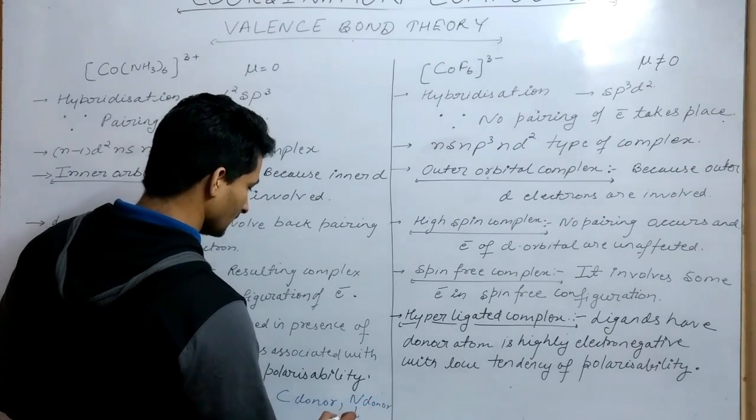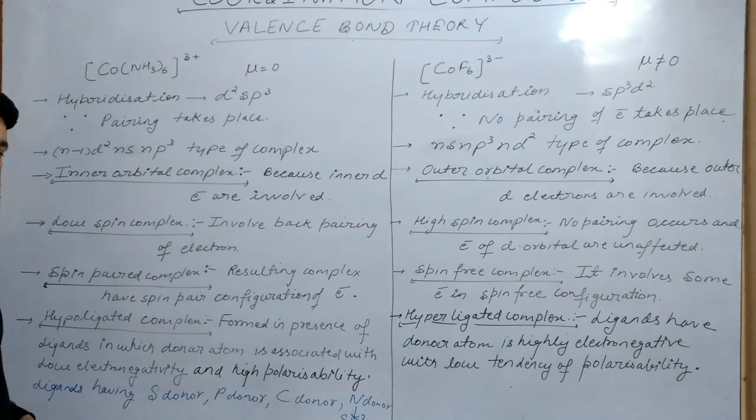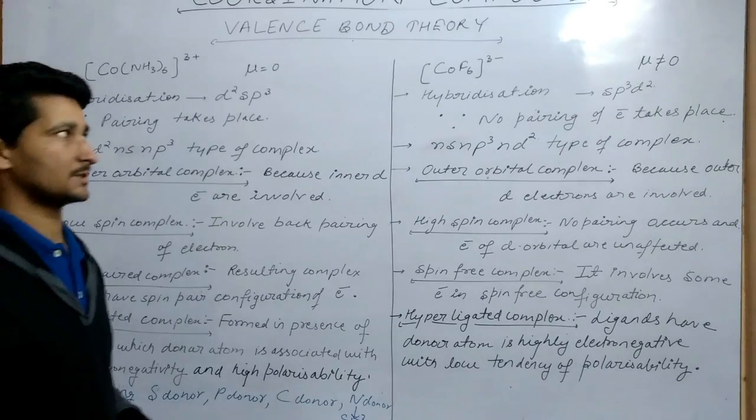N donor only in case of sp3 hybridization, because nitrogen can be sp2, sp hybridized as well, and in that case electronegativity increases as the s character increases. So if ammonia is there, then the electronegativity of nitrogen is not that high, so it can donate its electron very easily. Fine. So you can note it down, and before that we will discuss.